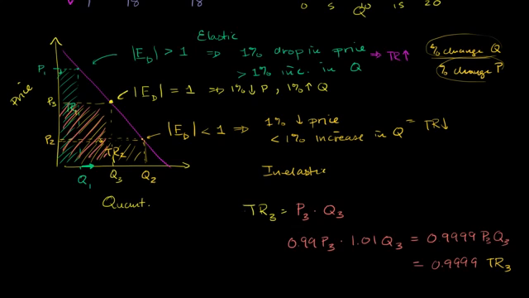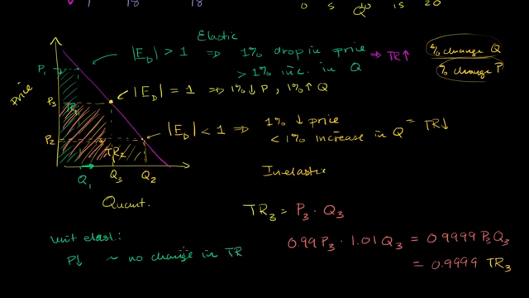So that's the general rule of thumb. So when you are at unit elasticity, then a decrease in price says approximately no change in total revenue.